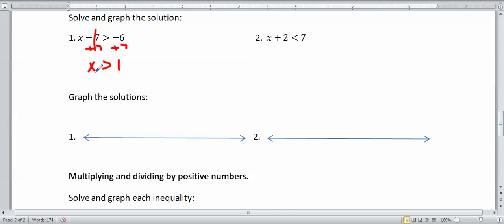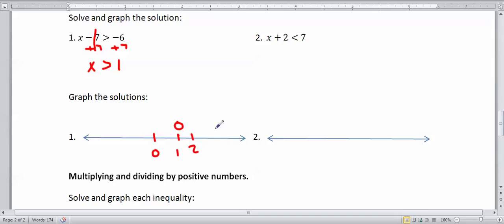Okay, so to graph my solution, read from left to right, I've got x is greater than 1. I'm going to start out with my 0, and then 1 is over here to the right of 0, because positives are to the right, negatives to the left. Greater than, open circle. This does not include the 1. Things that are greater than 1, we'll try some stuff. Is 2 greater than 1? Yes.